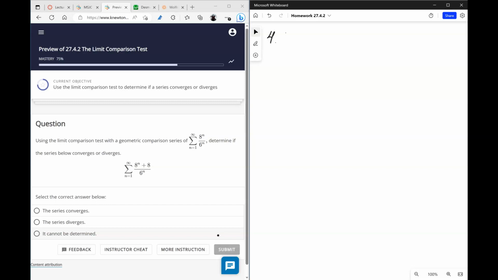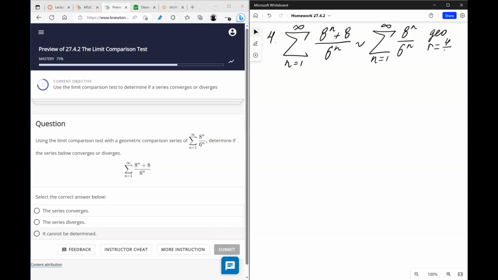And we have another similar one. And we're comparing it against this one. And this one is a geometric series with the common ratio 4/3, which is greater than 1. Therefore, this series diverges.